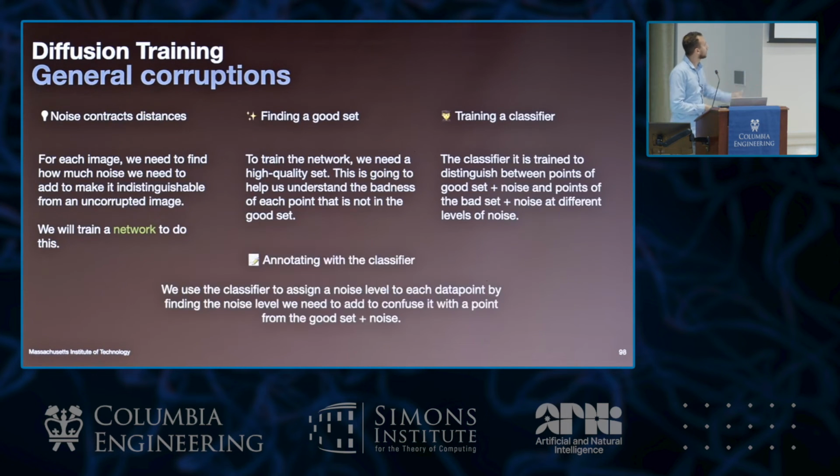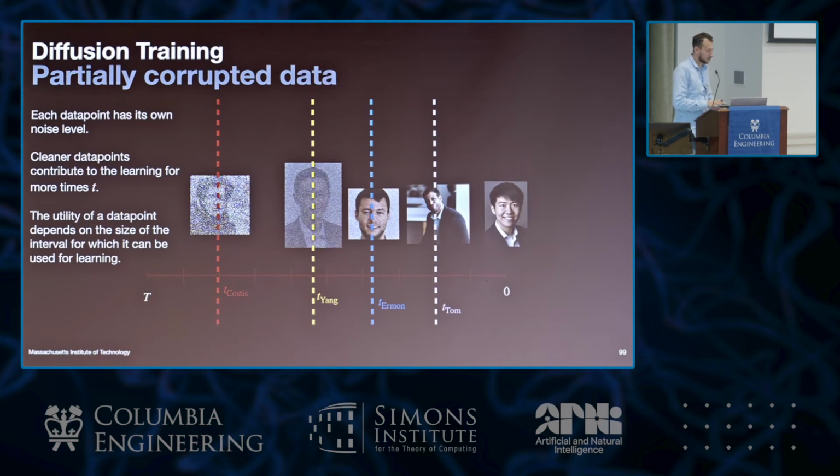After you have trained this model, you use it to annotate. You start with a bad image and show it to the network: do you think it's corrupted? Initially the network says yes, it is corrupted. Then you add more and more noise, and the network becomes more and more confused. The first time it is very close to being completely confused is the noise level that you add. Okay, make sense? Cool.